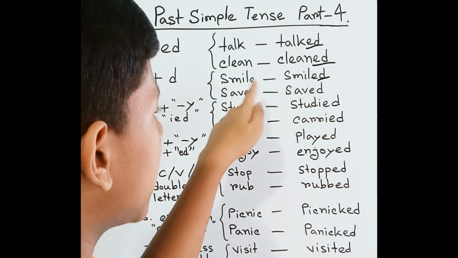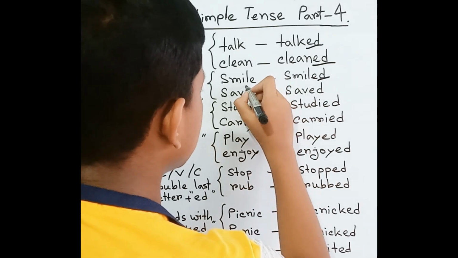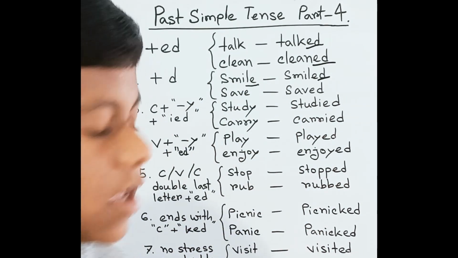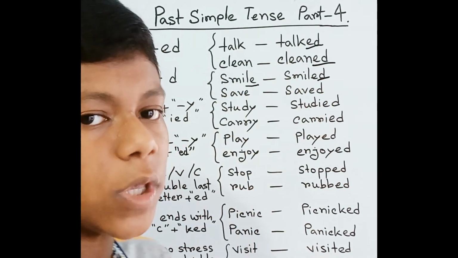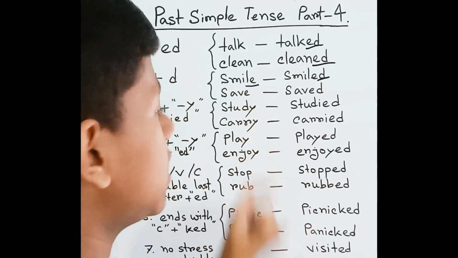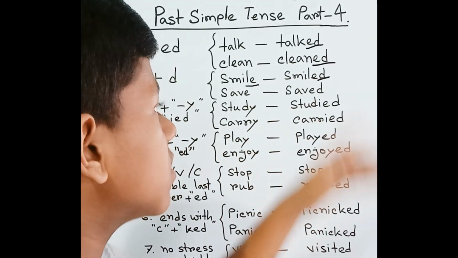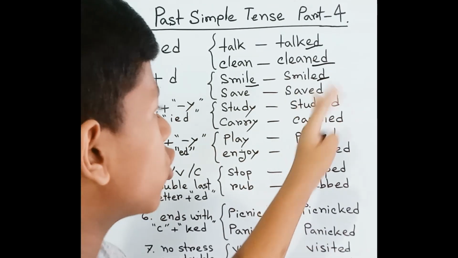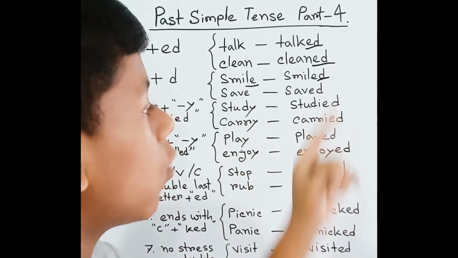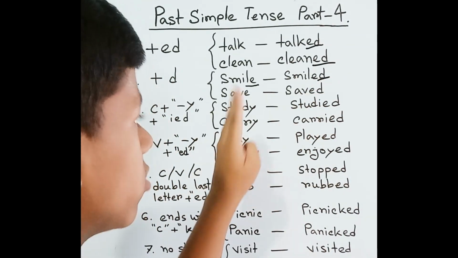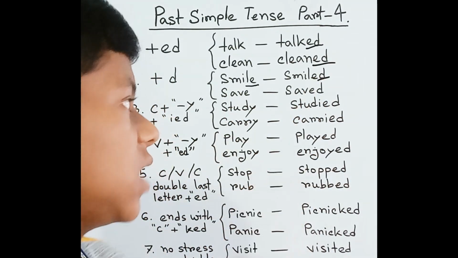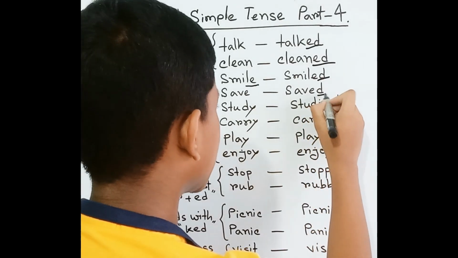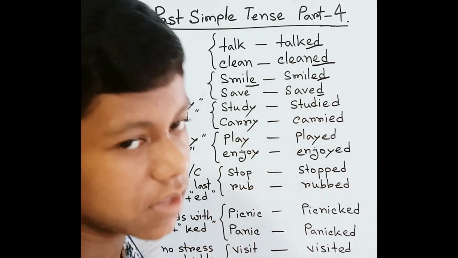Here smile, this verb ends with e, so when we transform it, it becomes smiled. After the e, we have just added a what? D. And same here, save becomes saved.